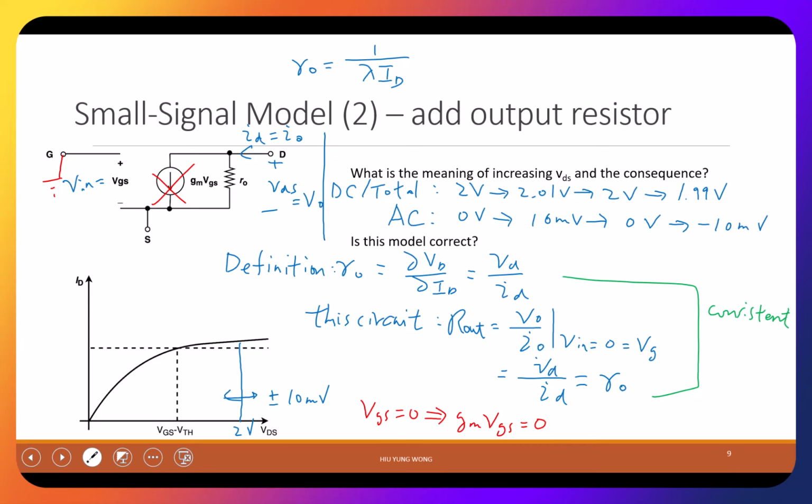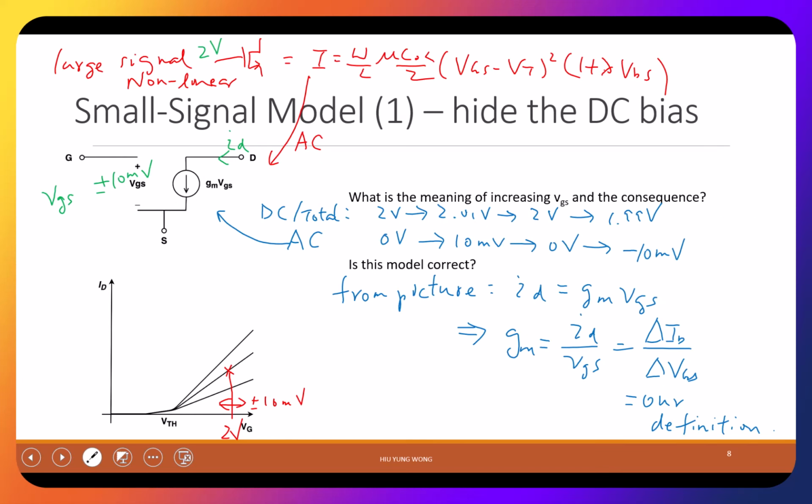R0 is what? This is a model of the small signal. The transistor is here. What you draw on the layout or the gate oxide, whatever, this is the transistor. Then we bias it. Then for the rest, for the small signal, I can model it as this, how it works.